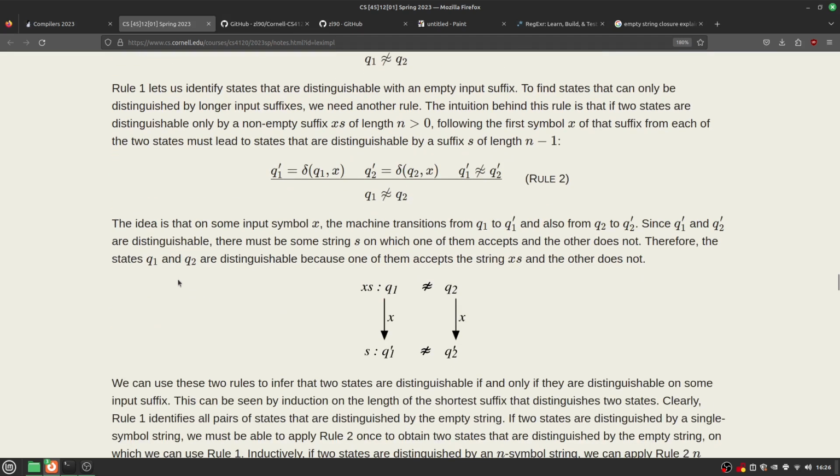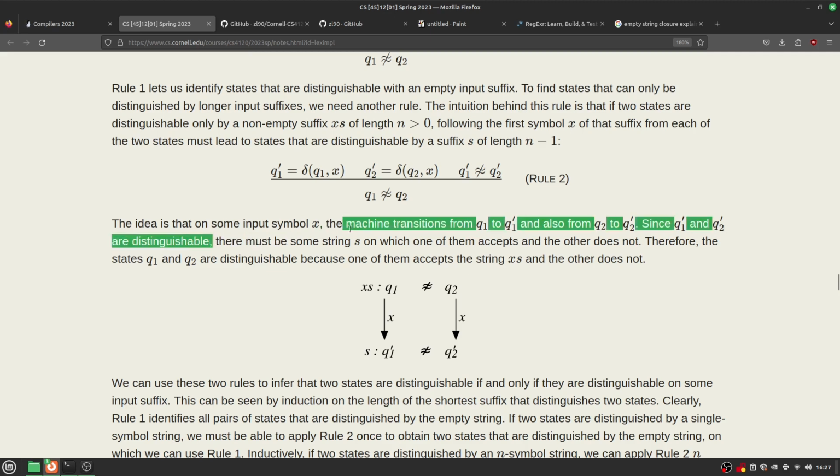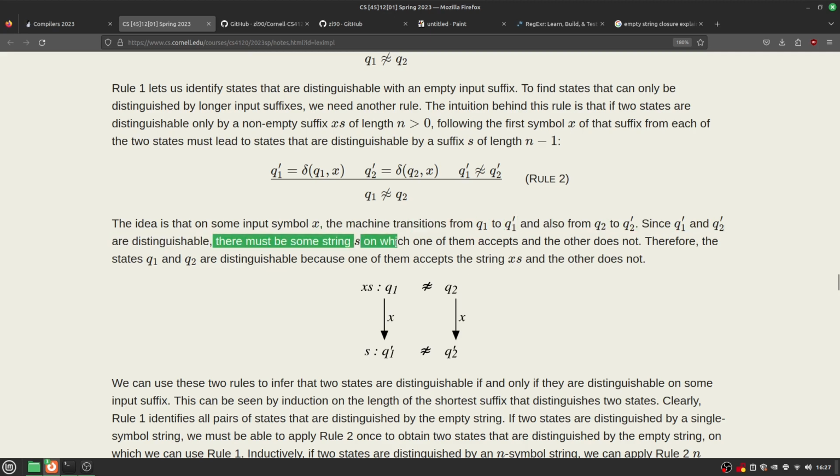The idea is that on some input symbol x, the machine transitions from Q1 to Q1 prime and also from Q2 to Q2 prime. Since Q1 prime and Q2 prime are distinguishable, there must be some string S on which one of them accepts and the other does not.